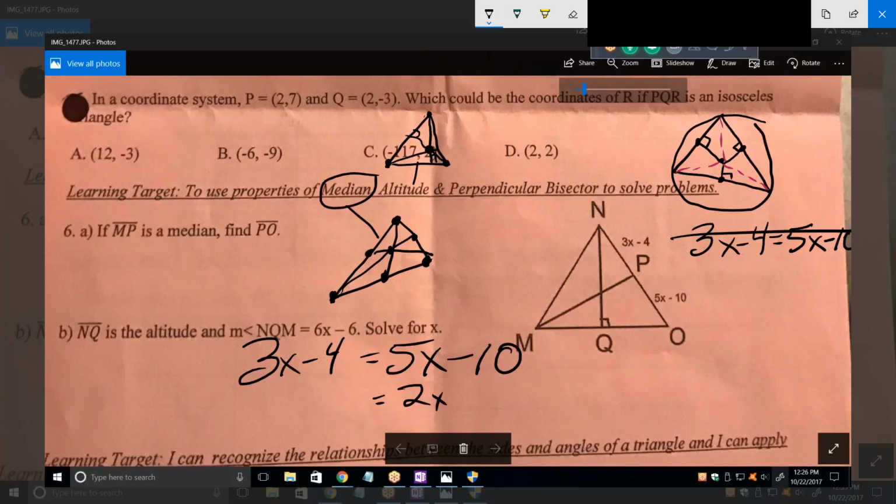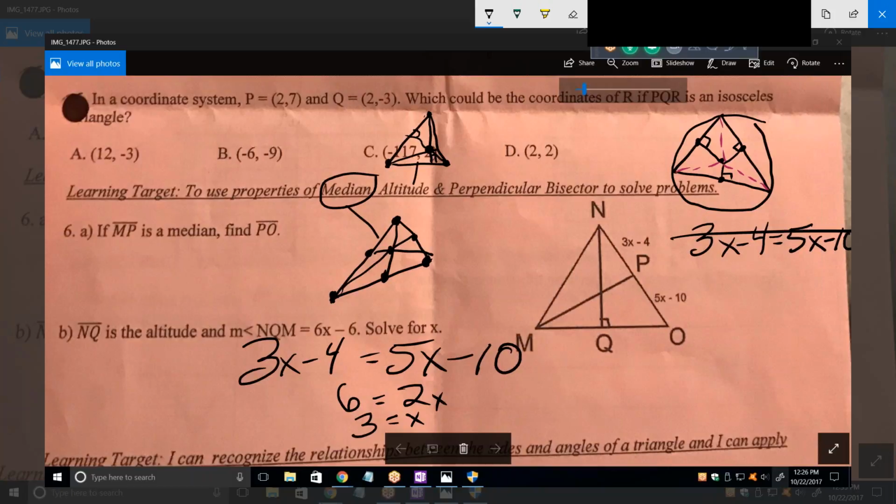You add 10, so it'd be a 6. So 6 equals 2x. That's the best way to do algebra, is move your variables to the side that's going to give you a positive coefficient. Now, I could have gone the other way, in which case my answer would have been minus 2x equals minus 6. But I would have had to deal with a lot more negative numbers, and negative numbers always induce mistakes.